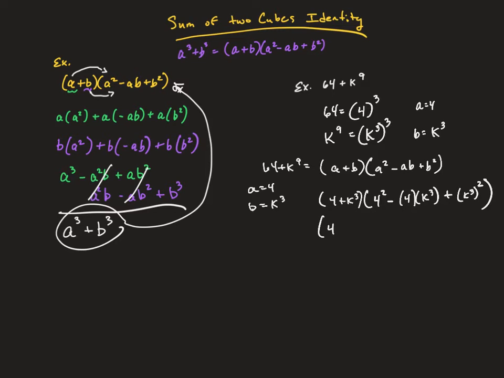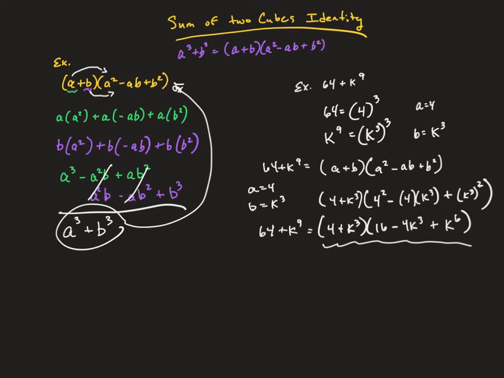Then that becomes 4 plus k to the third, and then this becomes 4 squared is 16 minus 4k to the third plus, again using your exponent raised to a power, k to the sixth. And there you go. Now we have the 64 plus k to the ninth, which was the sum of cubes, could be factored to that. That is my factored form of that cube.